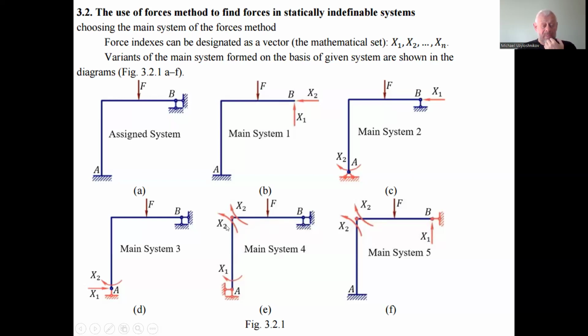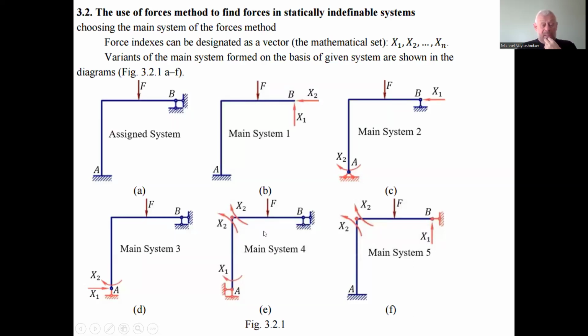We have a new system the same as the assigned one, but with the rigidity in the corner of this mechanical system removed and the rigid corner replaced by the hinge, with two assigned unknowns subject to research: the symmetric rotating moments applied to the upper rod and the vertical rod here.